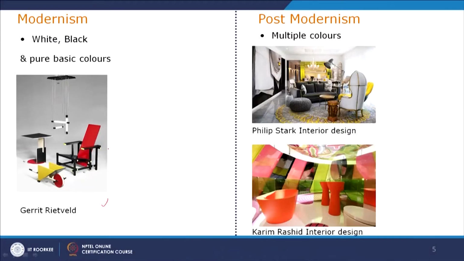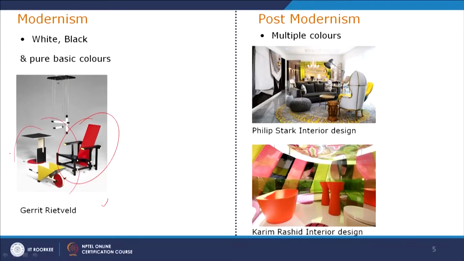Now if we look again at examples of different colors, this is the Rietveld chair by Gerrit Rietveld, which we have discussed in the Eclecticism movement, with different cuboids creating all these furnitures. But if you look at this side, there is Philippe Starck's interior design and Karim Rashid's interior design, with a lot of different colors and different types of furniture, an eclectic mixture of different furniture.